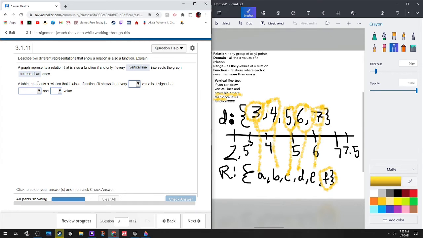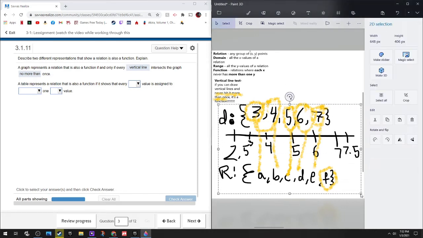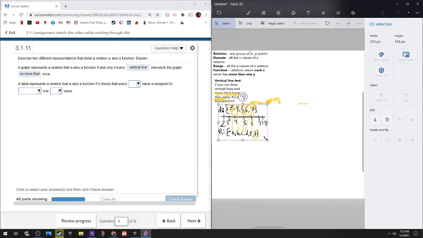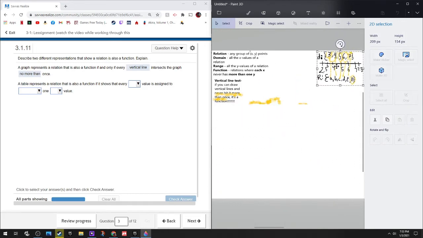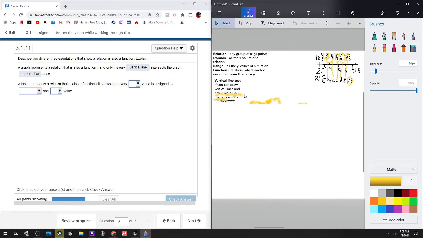All right, so what about a table? Now, we didn't really talk about a table. What I was drawing over here kind of starts to look like a table, but it's not really a table. Let's shrink this down. We might need to come back to that later.